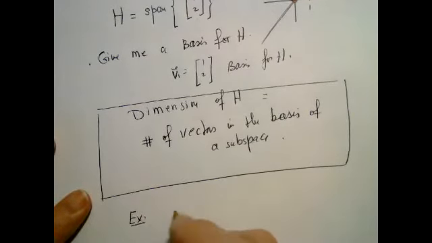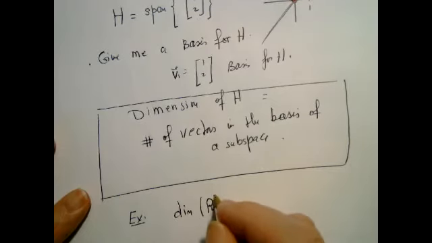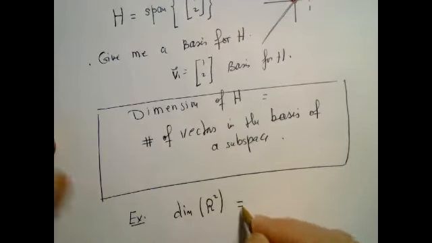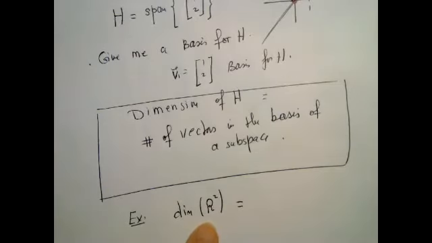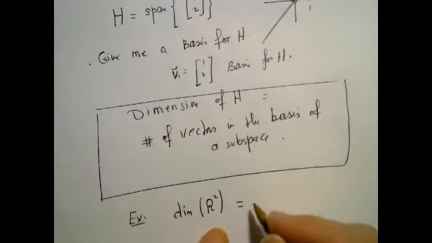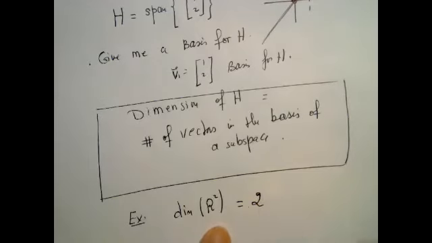So with this in mind, for example, the dimension of R2 is how many vectors are in a basis for R2. Any basis will have to have two linearly independent vectors. So the dimension of R2 is equal to 2. You have used intuitively that R2 is two-dimensional.